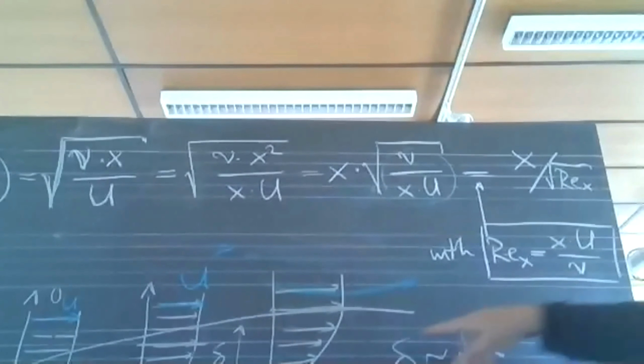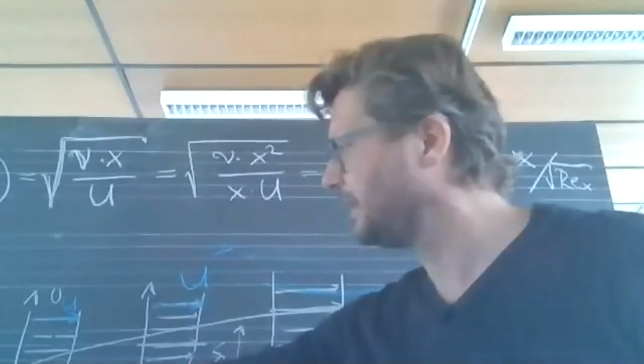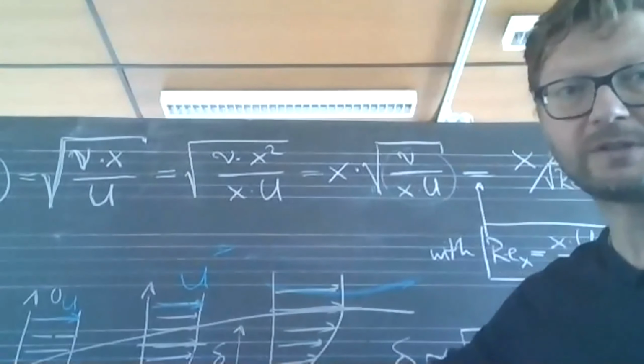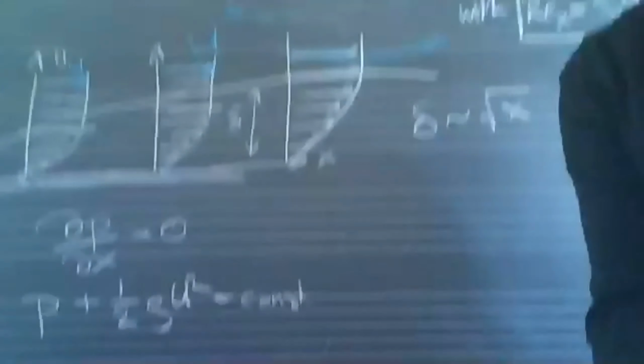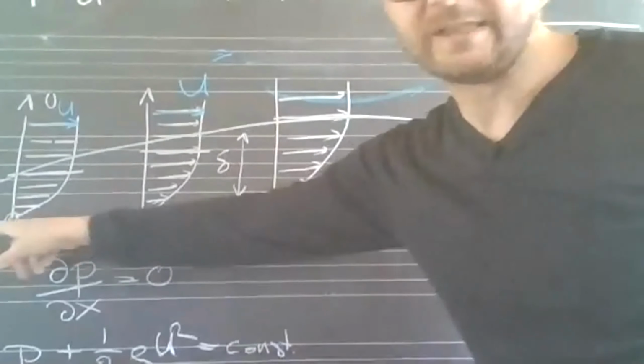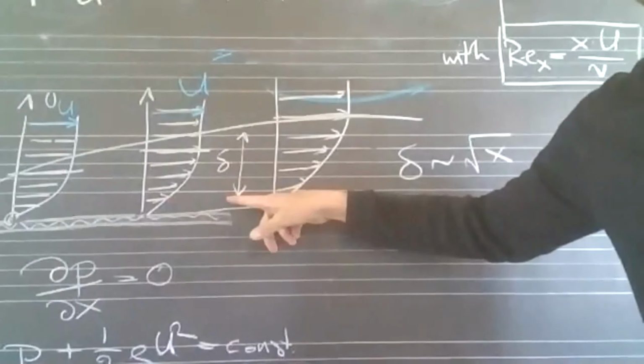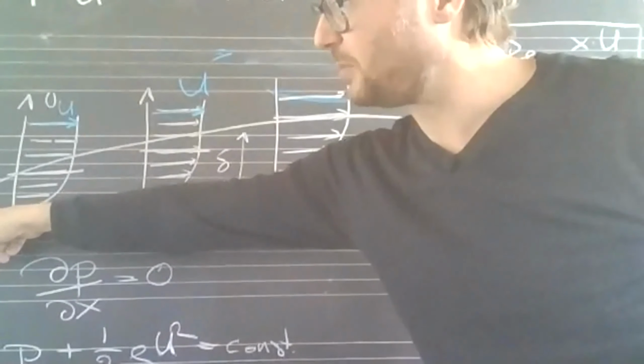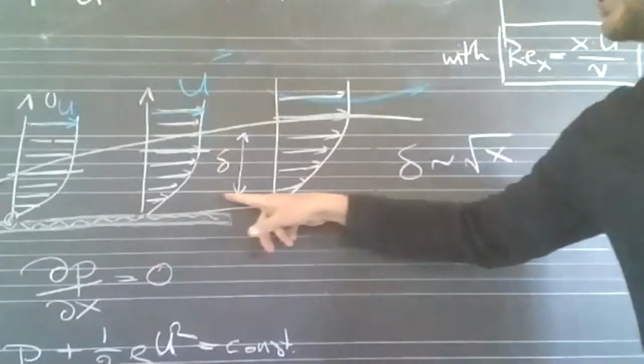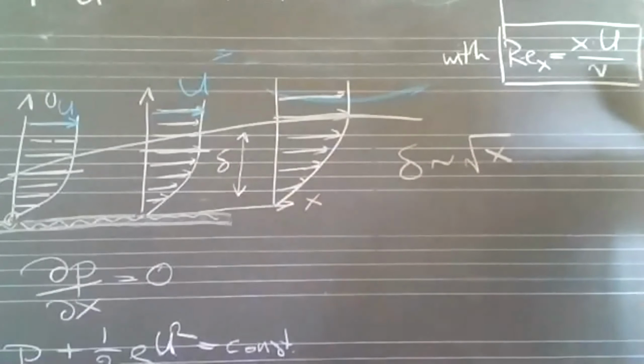It's a Reynolds number that increases the farther we go down the plate. It starts with Reynolds small and goes to Reynolds higher and higher. It has something to do with the thickness of the boundary layer or the downstream distance.